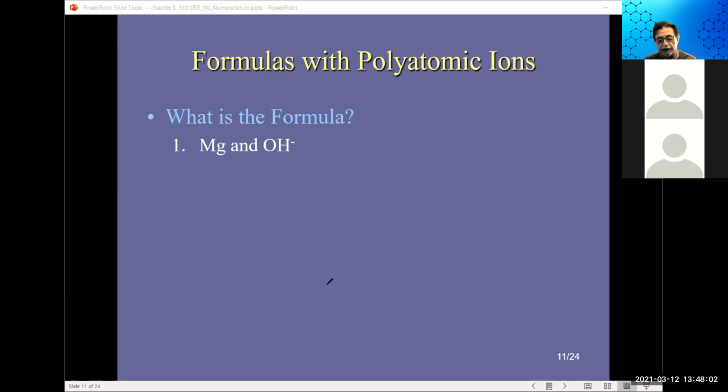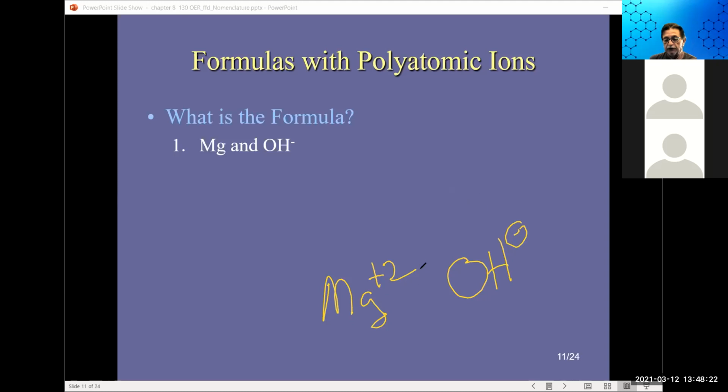We got magnesium, break it down to the ions. We know that magnesium is in group 2, so it has a +2 charge. The hydroxide given to you has a -1 charge. That is a polyatomic ion.